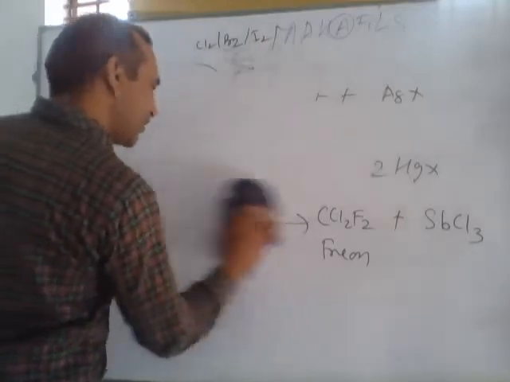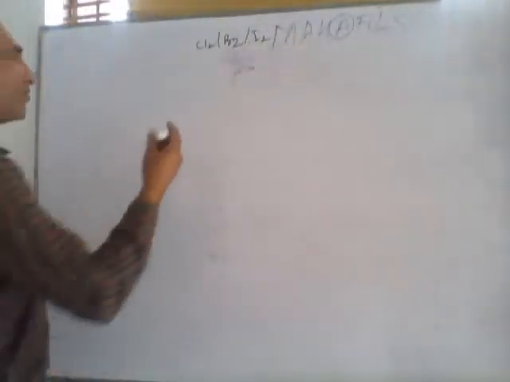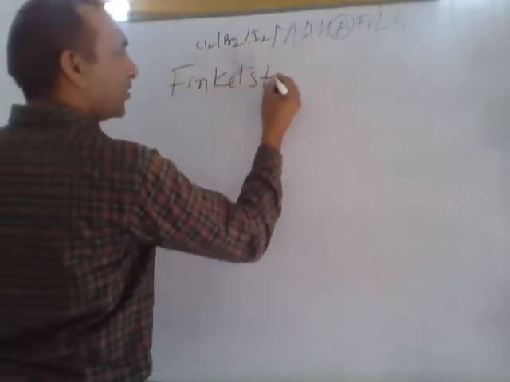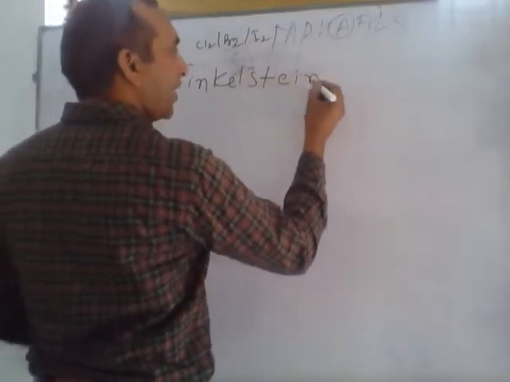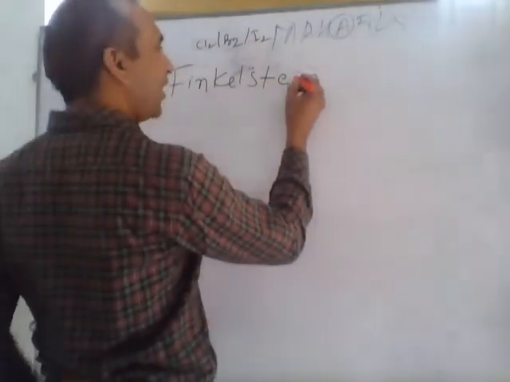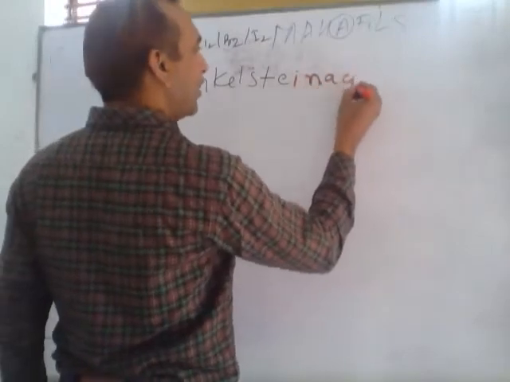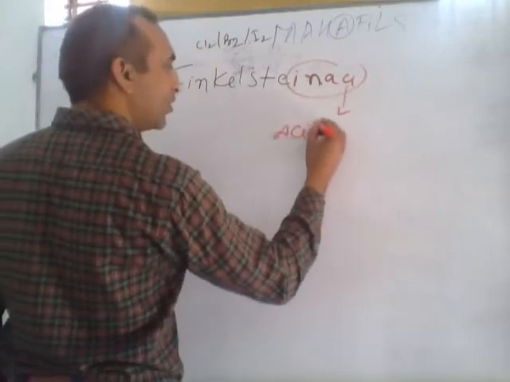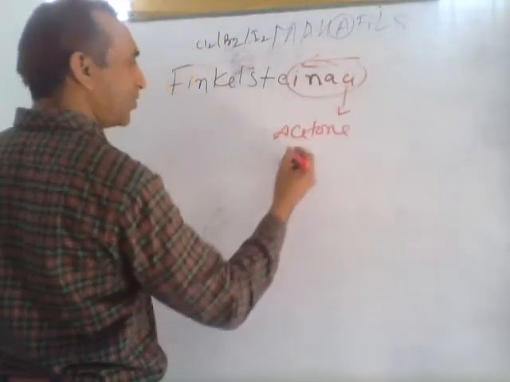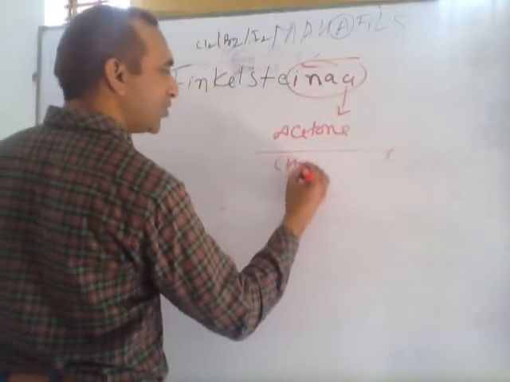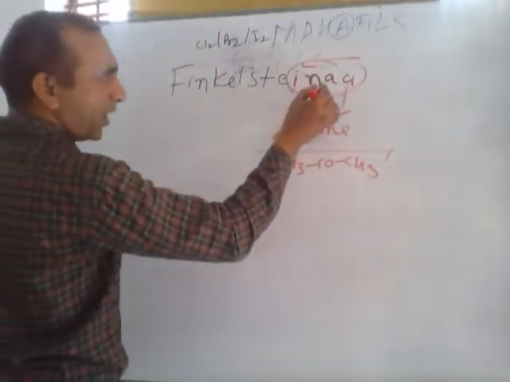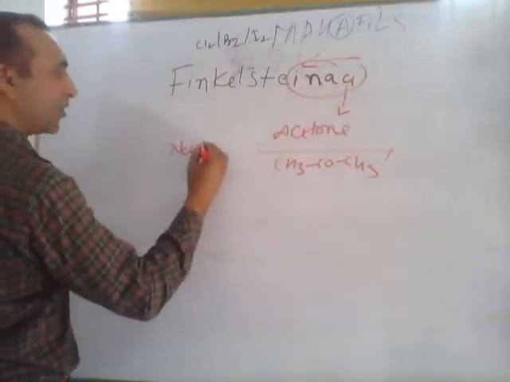In the Finkelstein reaction, we write Finkelstein with a double A at the end, meaning acetone. In the presence of acetone, CH3COCH3, the remaining reagent is NaI.